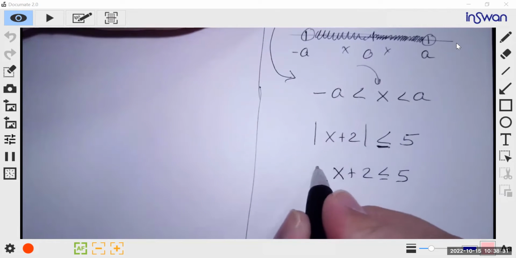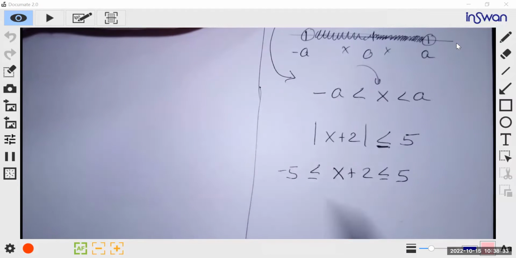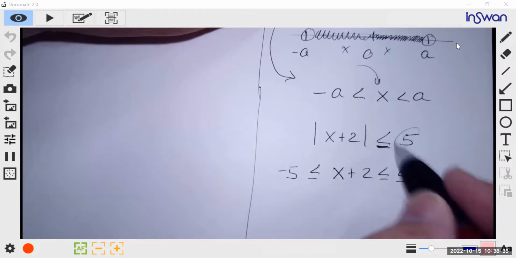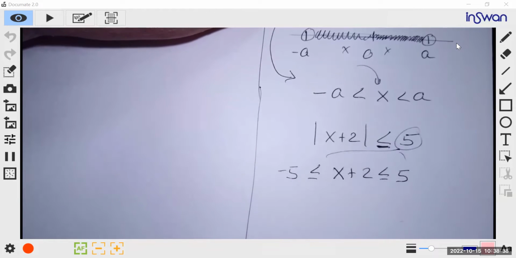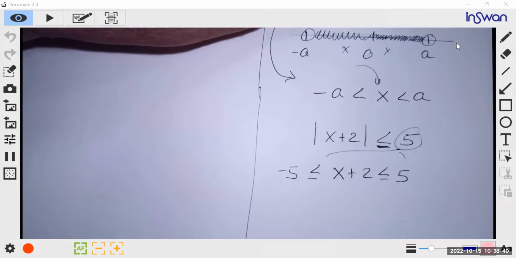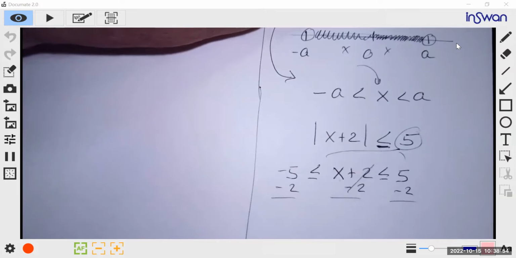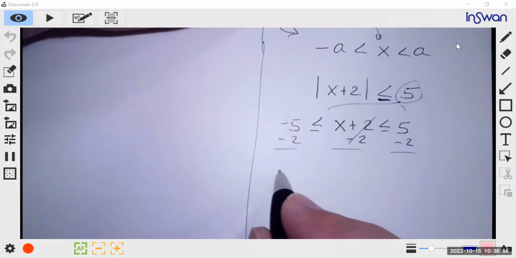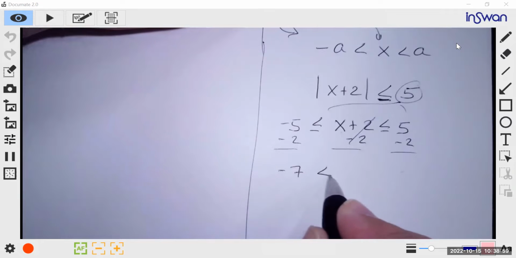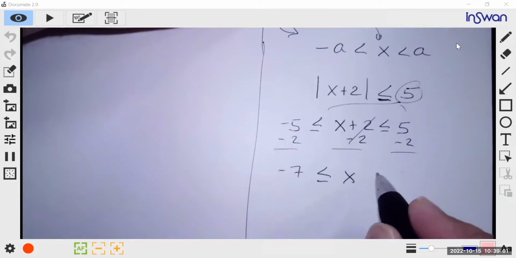It's less than 5 but greater than negative 5, whereas whatever's inside goes in the middle. We're solving for x, so we have to get rid of the 2. Whatever we do in the middle, we have to do everywhere else. Negative 5 minus 2 is negative 7, less than or equal to x, less than or equal to 5 minus 2, which is 3.